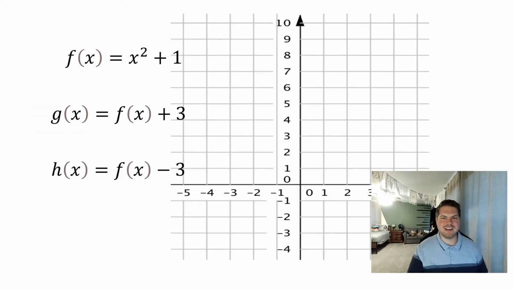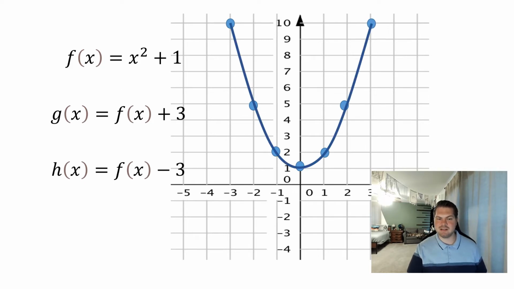All right, so our very first equation, f of x equals x squared plus 1. If we plug in our points, let's go to -2. That was 5, -1 was 2, 0 was 1, 1 was 2, 2 was 5. So our graph looks something kind of like this.